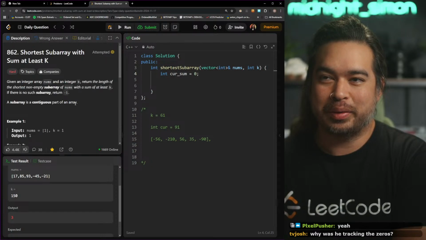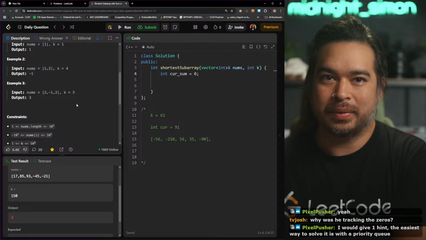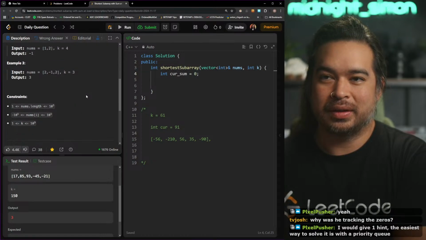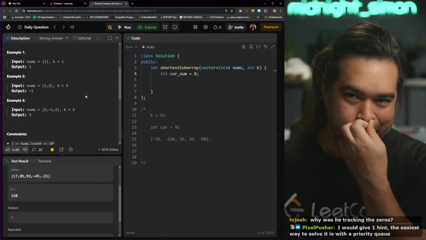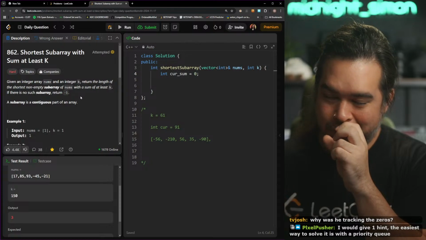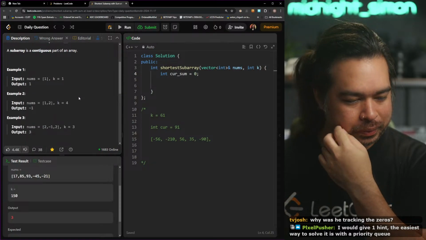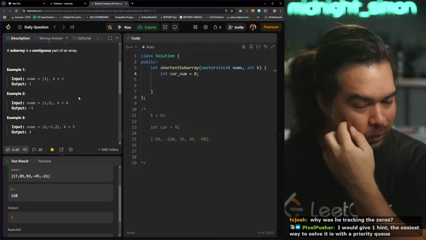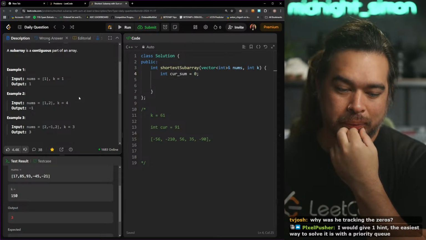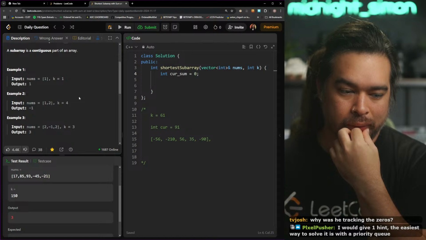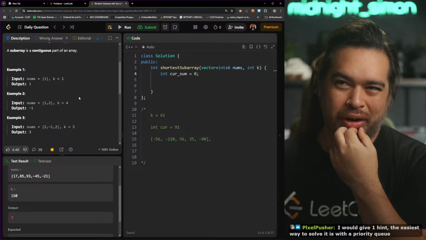So 2300 rated problem. Alright, prior to Q. I guess that's kind of like a topic hint. Dang, prior to Q. A priority queue.